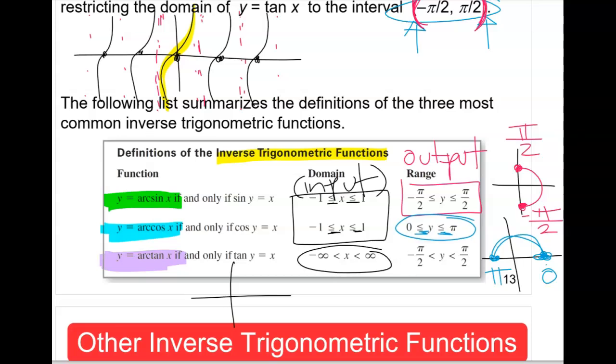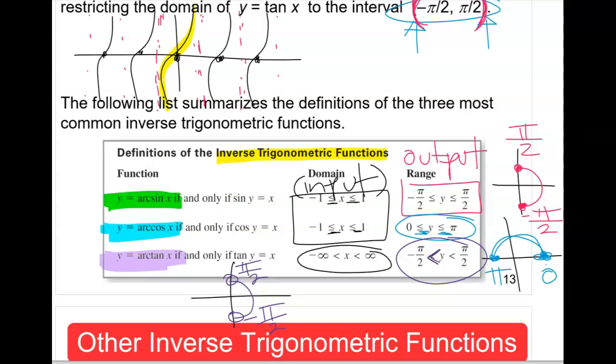So your answers are going to be in quadrant 1 and quadrant 4, from -pi/2 to pi/2. But in this case, they are not included, so I'm going to put an open circle to denote that. You could also see that here with the inequality symbol.